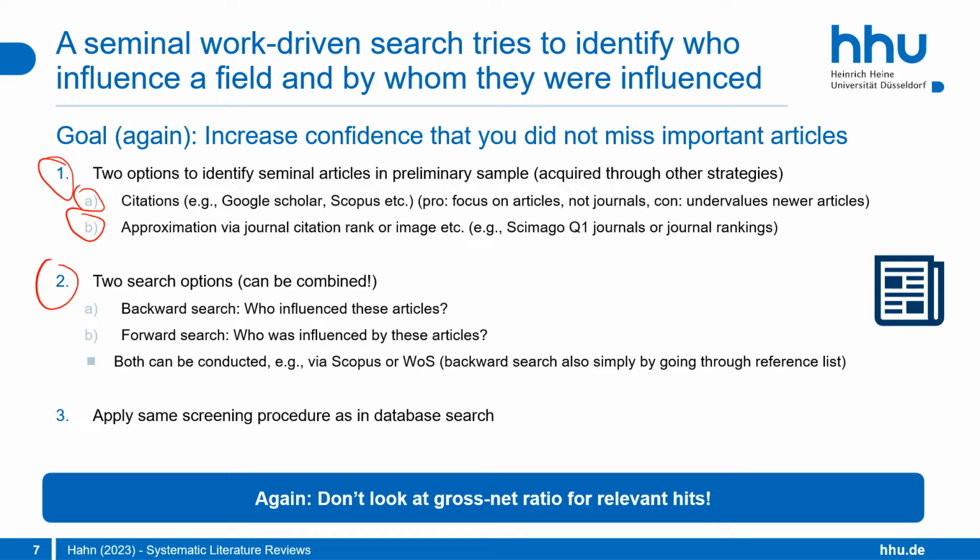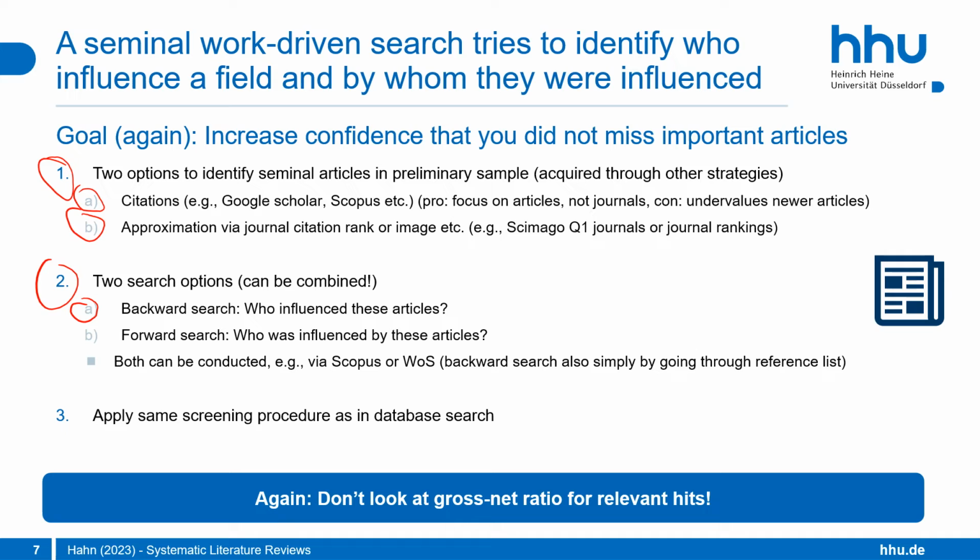The second step then is that you actually search through these articles. Again, assume that you have 150 in total in your preliminary sample and you identified 15 as seminal work through either one of the two approaches I just mentioned. And for these 15, you can now do two things also in combination. Let's talk about the first one first. You can do a backward search, and the backward search actually asks who influenced these seminal articles.